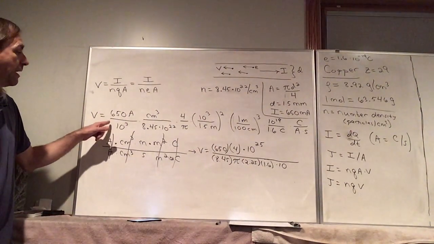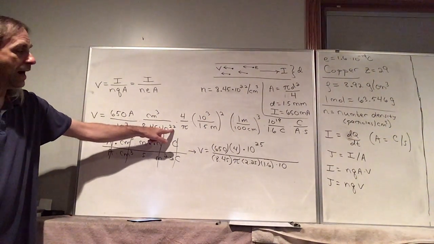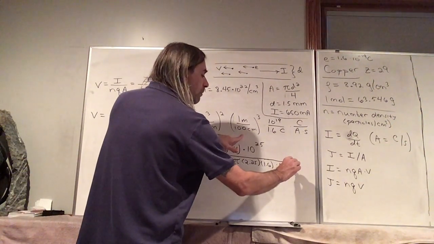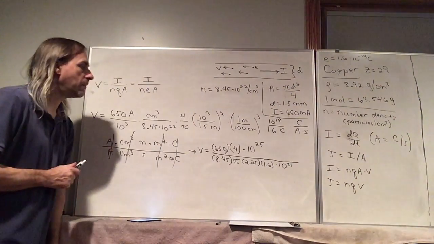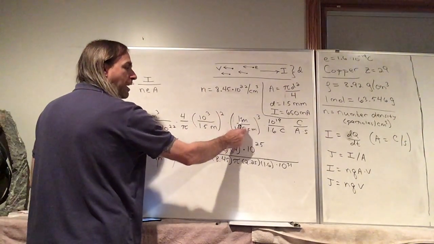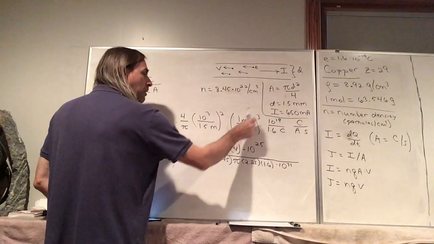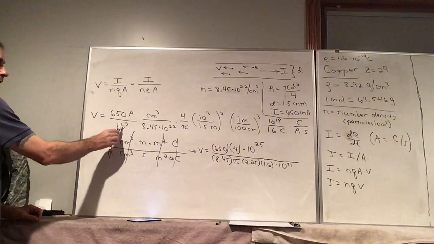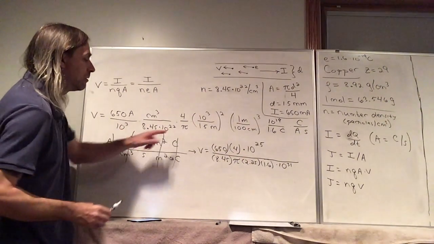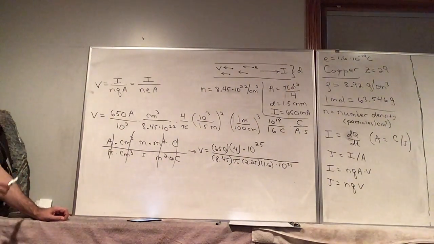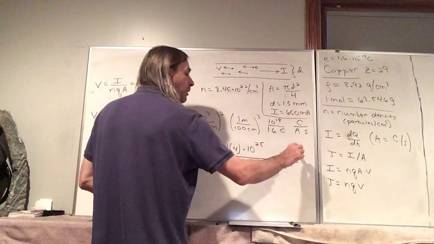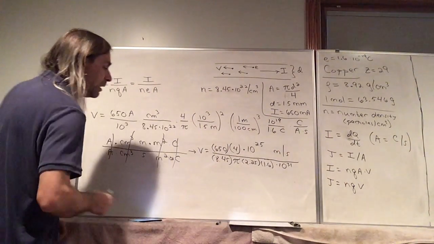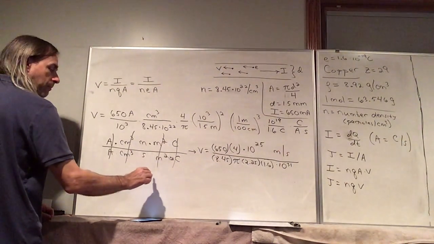Now 10 to the, here we have 3, 25. This is 31. So here, 100 cubed, this is 10 squared cubed, that's 10 to the 6. So yeah, and then here that'd be 10 to the 9 times 10 to the 22. That's 10 to the 31 power. And that would be in meters per second. So let's kind of clean this up a little bit.